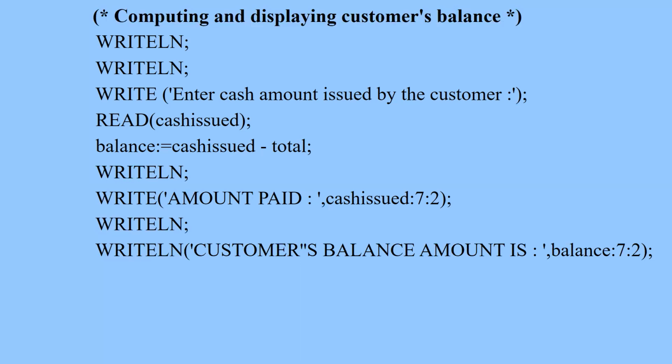For example, it can read customer's balance amount is 90.454, whatever value is there will be displayed, but the decimal point or fractional part should not exceed 2 characters. And then the program ends. So that's how we write our program in Pascal.